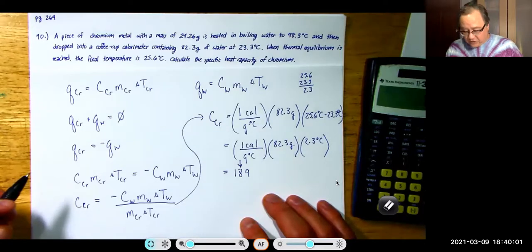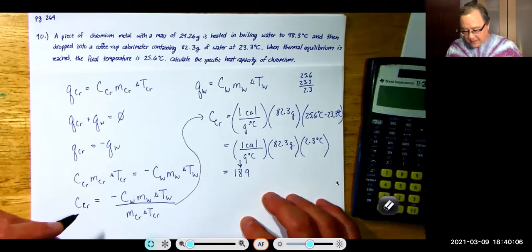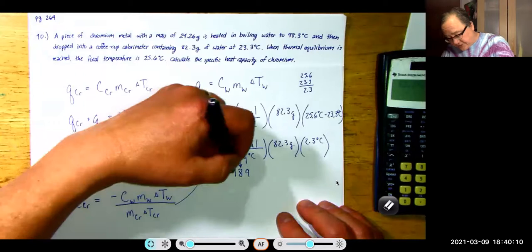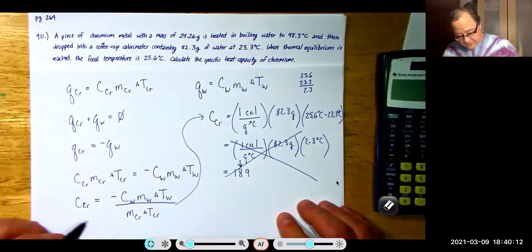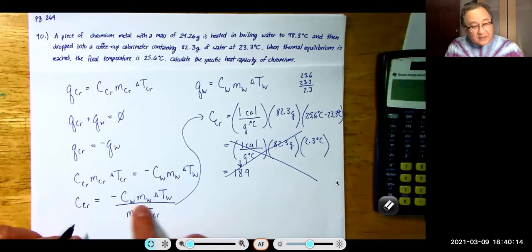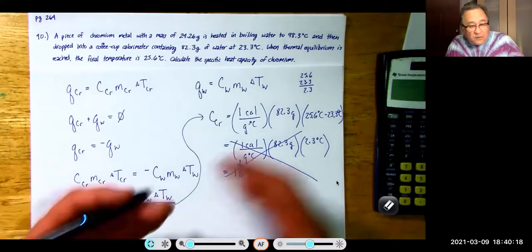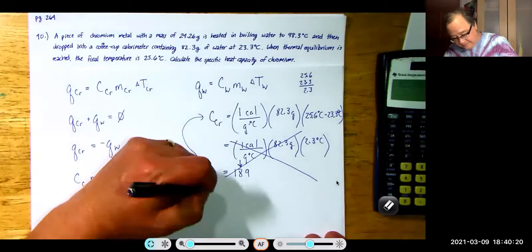Okay, so I see now that I shouldn't have done all of this. What I should have done is just the following. I should have put in the mass of the chromium and the change in temp of the chromium and done the whole thing at one time. So I'm going to go ahead and do that.